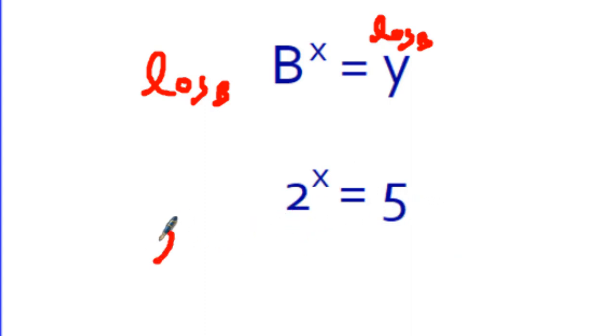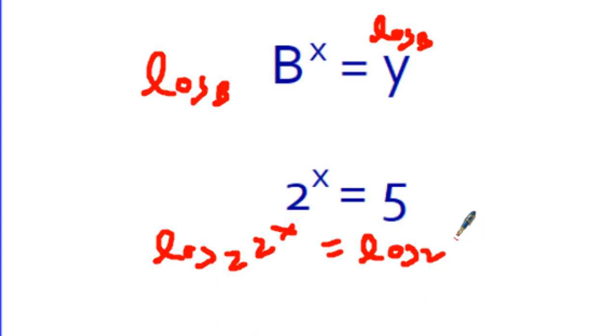We're going to do log base 2, because it's base 2, of 2 to the x is equal to log base 2 of 5. What happens with log base 2 of 2? It cancels out. It gets x all by himself. So x is equal to log base 2 of 5.